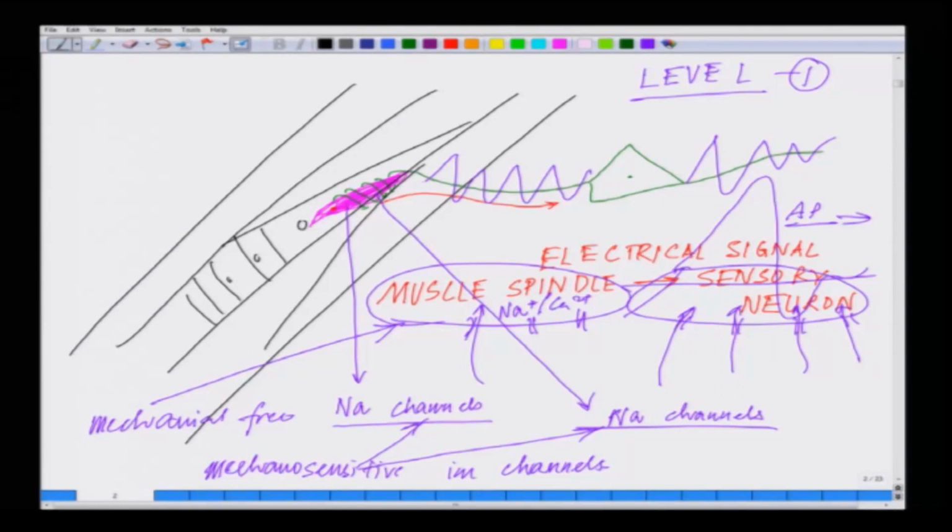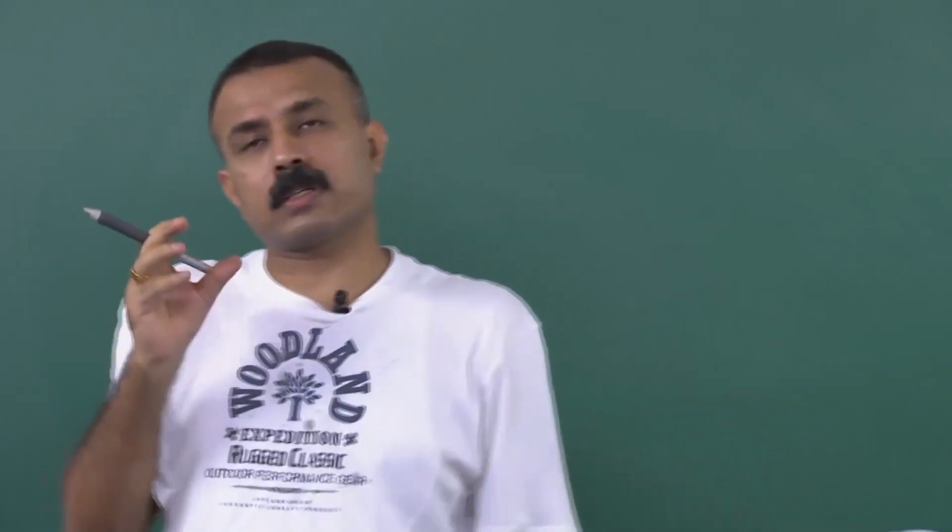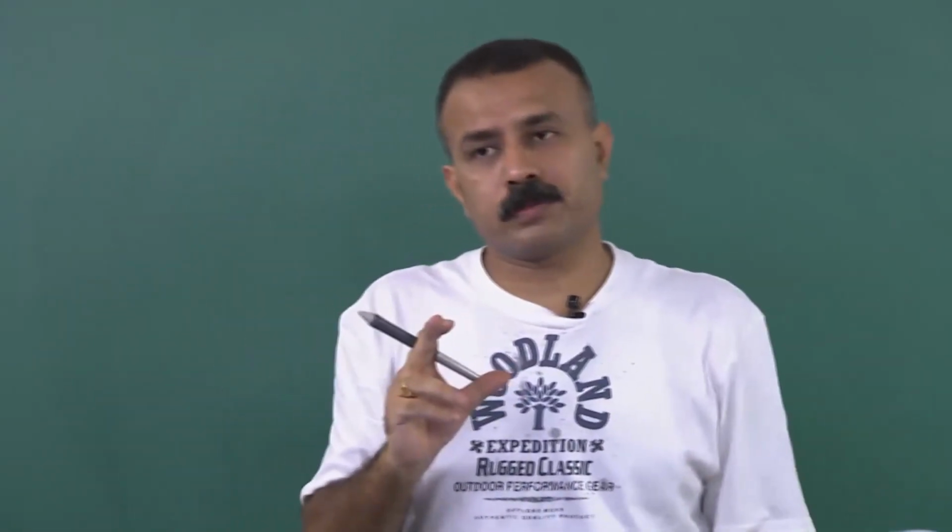Then this electrical signal travels to stage 2, to the interneurons. In the interneuron, the signal is divided into two parts. One goes to gamma, one goes to alpha. The gamma electrical information comes to the muscle spindle and gets translated into a mechanical signal to tell the muscle spindle to come back to its original position.